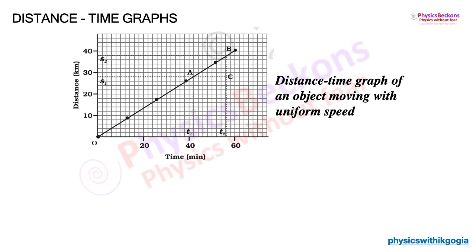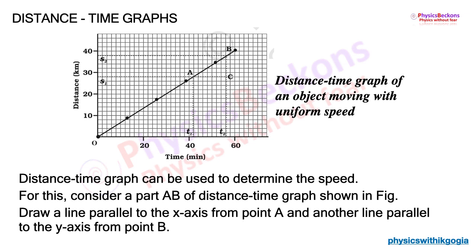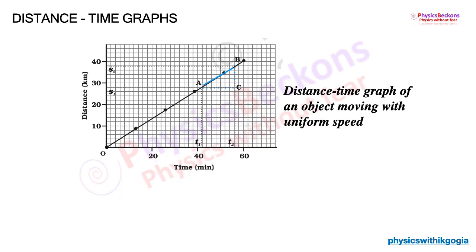The distance time graph can be used to determine the speed of an object. In order to find the speed, we can consider a part AB on the distance time graph as shown. We have to draw lines parallel to x-axis and y-axis from points A and B. These lines form a triangle ABC.